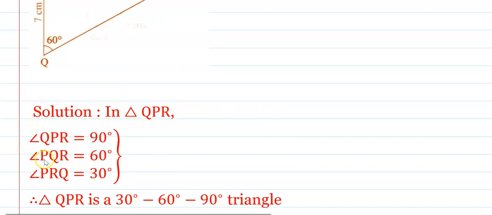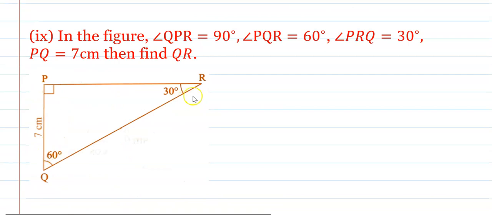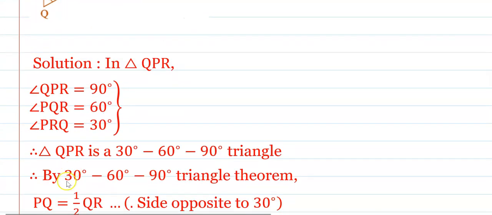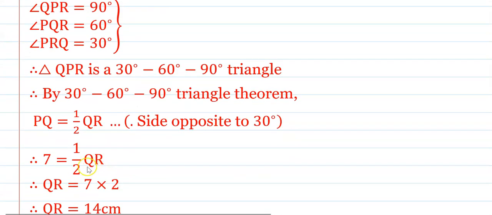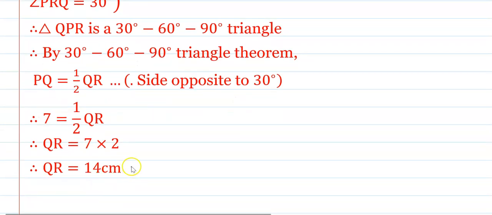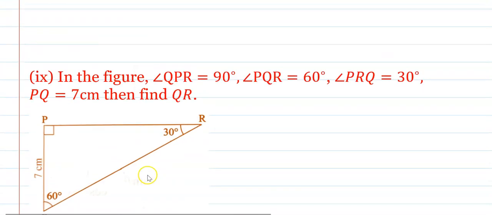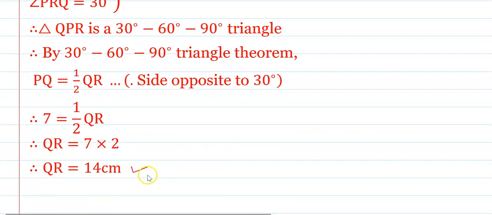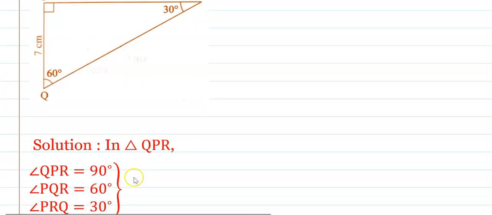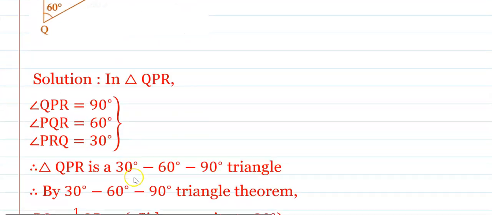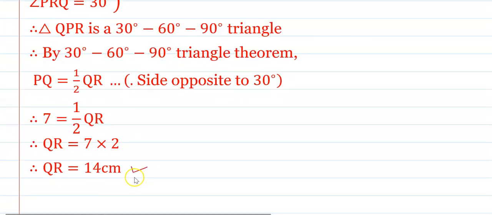Therefore, PQ is equal to 1 upon 2 QR, so 7 is equal to 1 upon 2 QR. Therefore, QR is equal to 7 into 2, that is 14 centimeter, which is the hypotenuse. We used the 30, 60, 90 theorem.